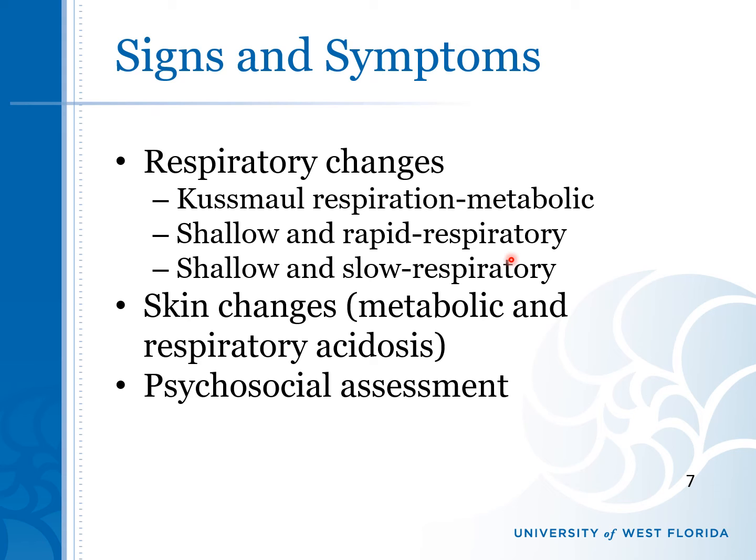Maybe the nurse actually gave them too much pain medication. You're going to see shallow and slow. So you could see either or on the respiratory system, whether they're tachypneic or they'll have slow respirations. But please know that Kussmaul's is the compensation, not the actual problem. And these are always deep and fast.